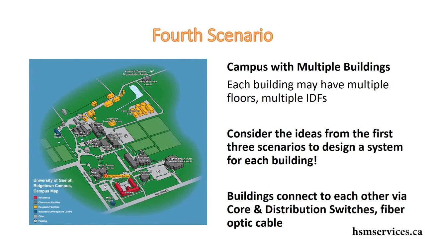And then we have a much bigger scenario, which is like a university campus or a corporate campus. So we've got many buildings, and they have many floors and many IDFs. And if you think it's hard, well, think of it one building at a time. Think about how you're going to connect the buildings together after.